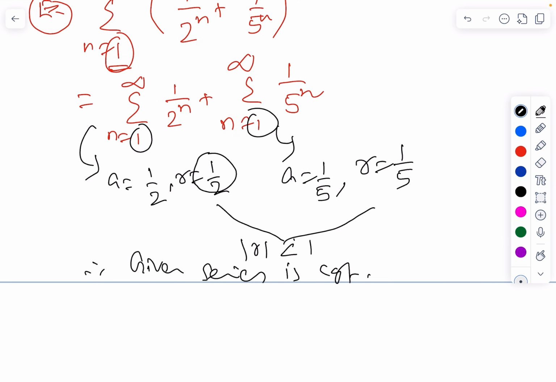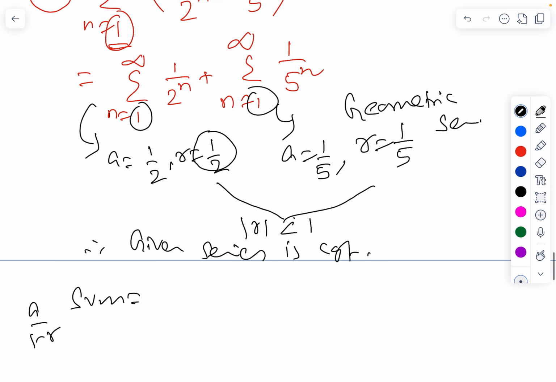And it's a geometric series also. Okay. So you can just write here geometric series. And what is the sum? Sum is a upon 1 minus r. So for the first one, sum is 1 by 2 over 1 minus 1 by 2. For the second one, it is 1 by 5 over 1 minus 1 by 5.